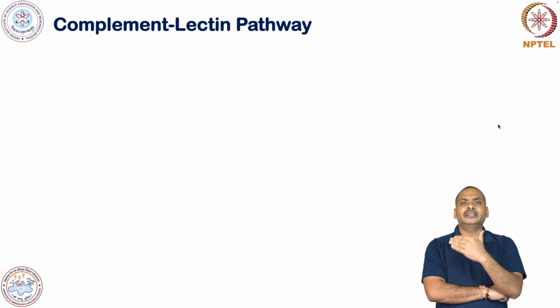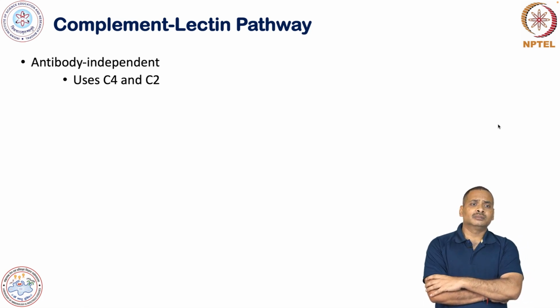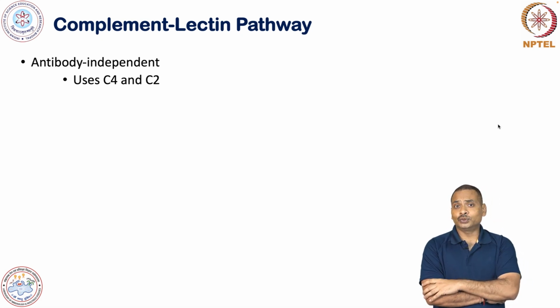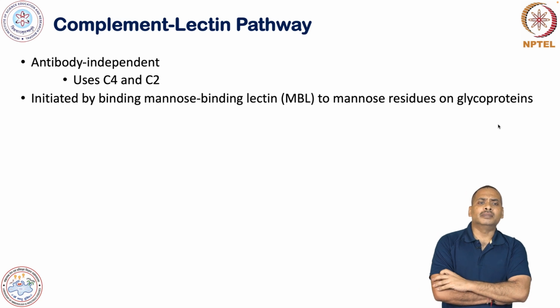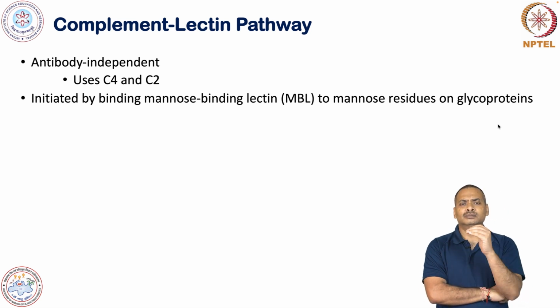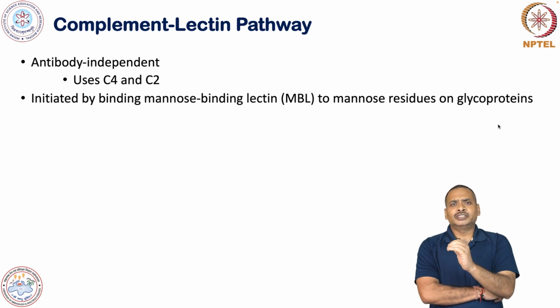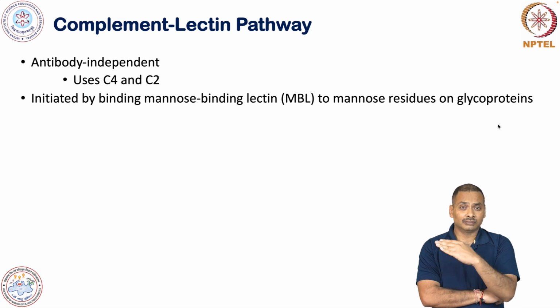Now I will take you to the lectin pathway, and this lectin pathway is again antibody independent, and it uses C4 and C2. It is initiated by binding of mannose binding lectin, which we call MBL, to mannose residues present on glycoproteins of the microbial pathogen.